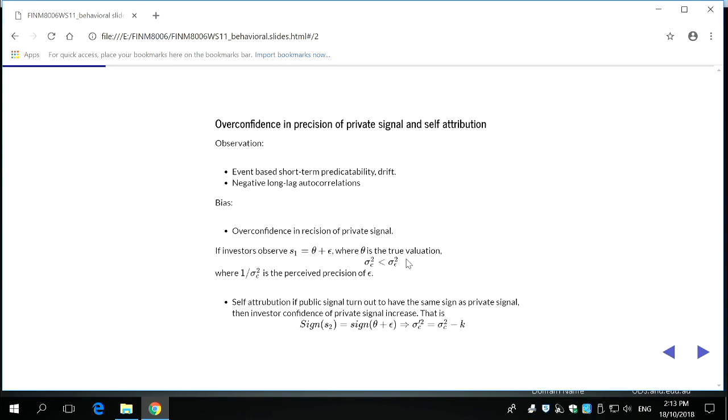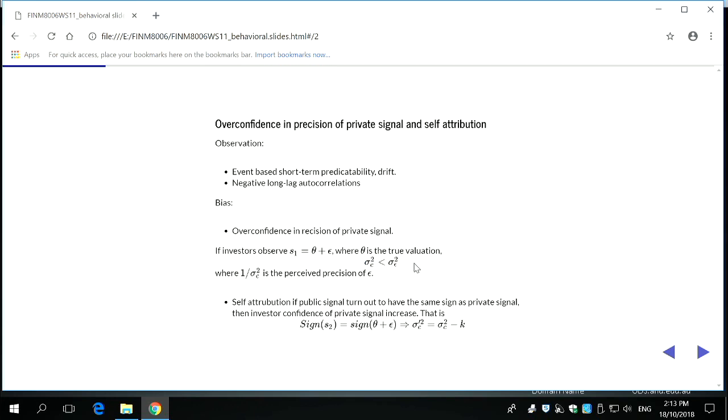The overconfidence says that the variance of the individual's perceived distribution of this signal is sigma c squared. And this is actually smaller than the true noise variance, sigma epsilon squared.